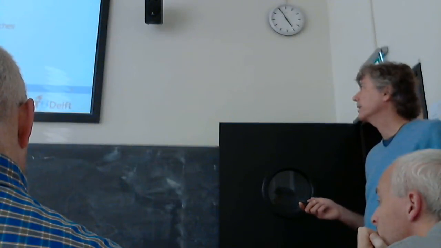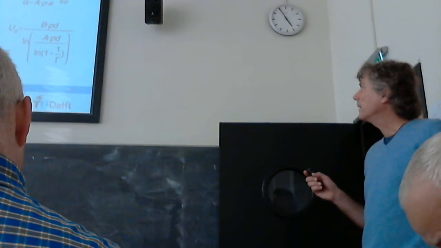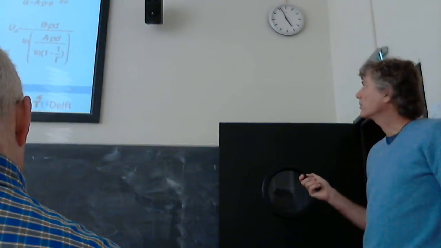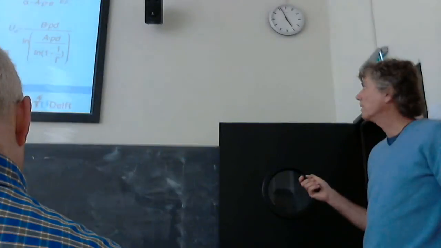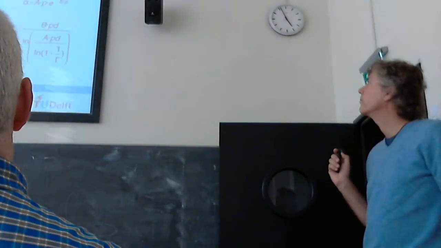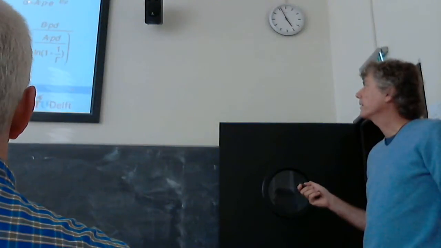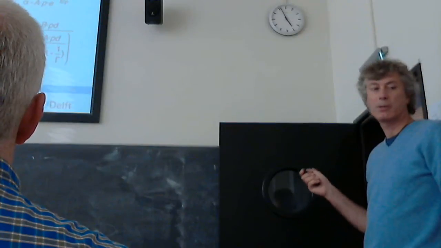Okay, but I promised you I will lead you all the way to the real condition for breakdown in terms of parameters. We've already seen that we can say this is the condition for breakdown: alpha d equals the logarithm of 1 plus 1 divided by the feedback factor. We've also seen that we can express alpha as a function of pressure, electric field and two constants.